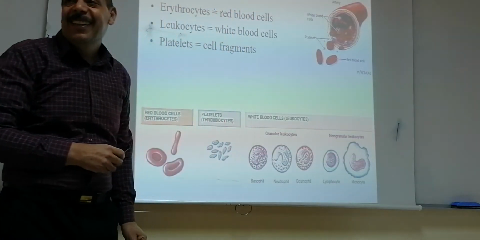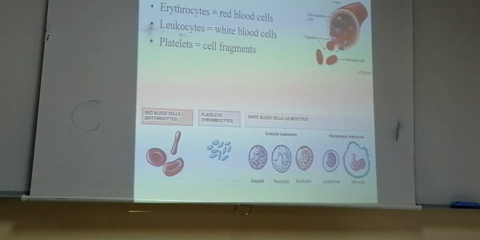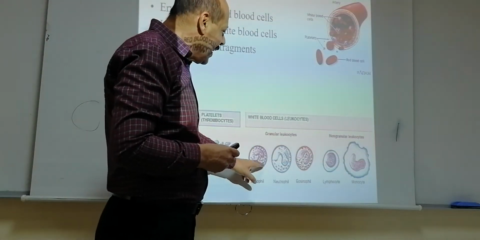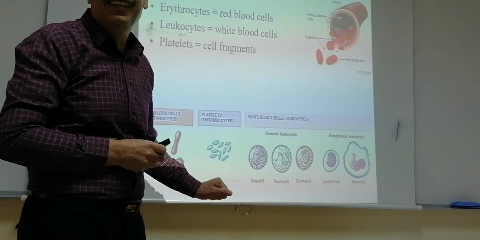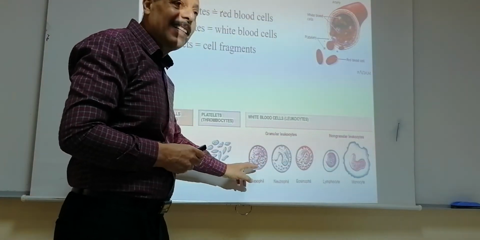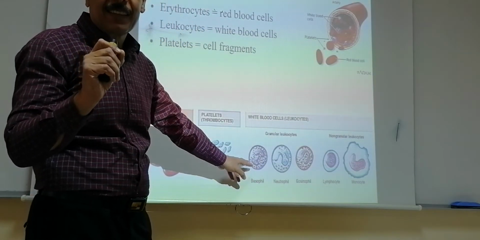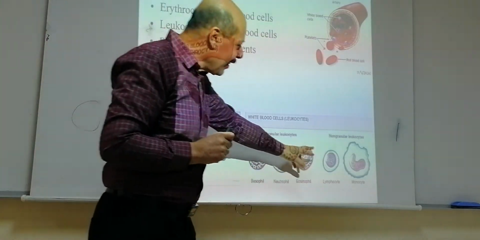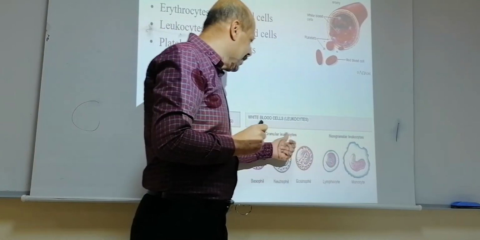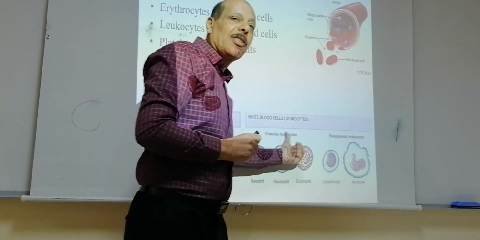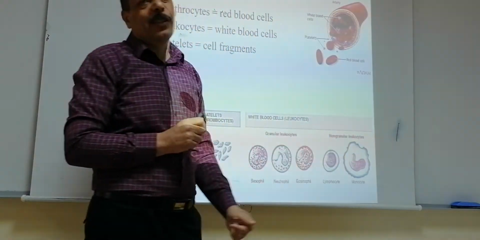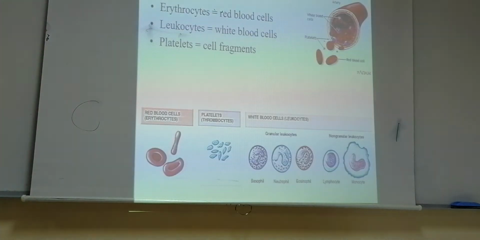Only liquid. So in the cytoplasm, there are what we call granules. Here, there are granules. Here, there are no granules. So it's granular and non-granular, granulocyte and agranulocyte. This is the difference between the white blood cells.